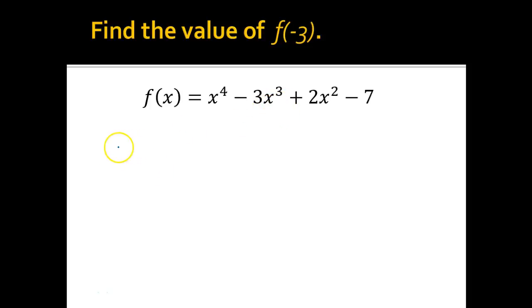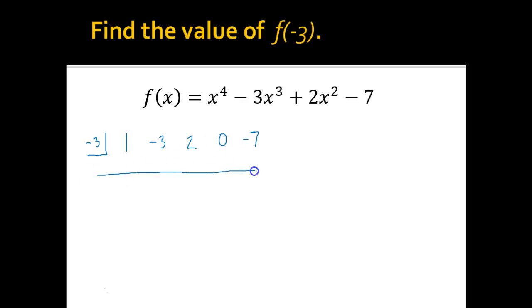But we learned in this course that we can use synthetic division, so I'm going to divide by negative 3, and I'll use my coefficients from x to the 4th, the coefficient is 1, x to the 3rd, negative 3, x squared would be 2, x to the 1st power would be 0, x to the 0 power is negative 7.